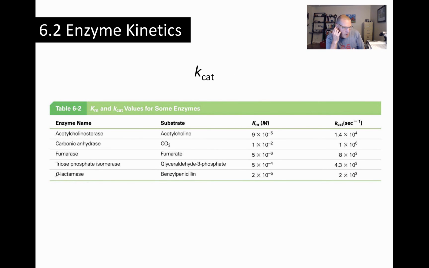The last thing to look at here is the rate at which enzymes can actually do the catalytic event, and that's called the turnover number, and it's called kcat. That again is the rate at which substrate is converted to product by a single enzyme at its maximal velocity.